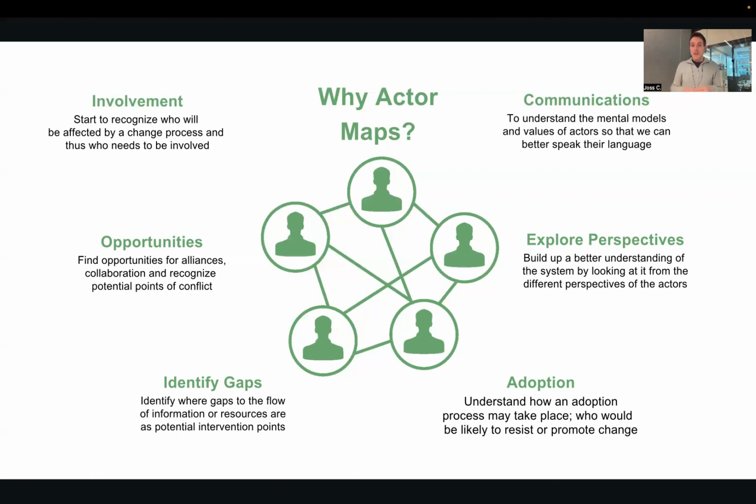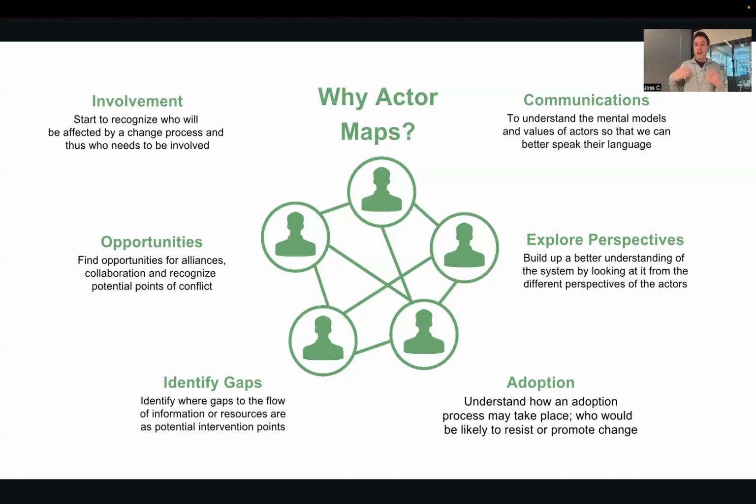It's about identifying gaps. So ultimately, we're trying to do what we're always doing in systems thinking, systems innovation: stepping back, getting the bigger picture, so we can really see that landscape. And in so doing, we can start to identify where there are gaps in the flow of information, resources, and potential intervention points.